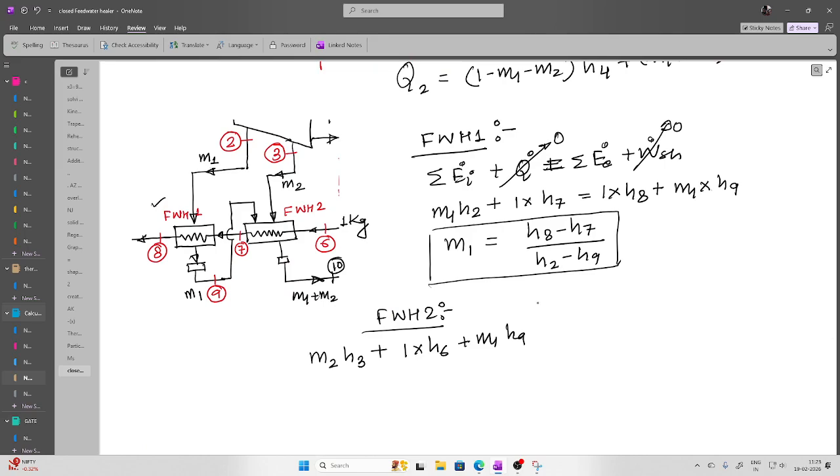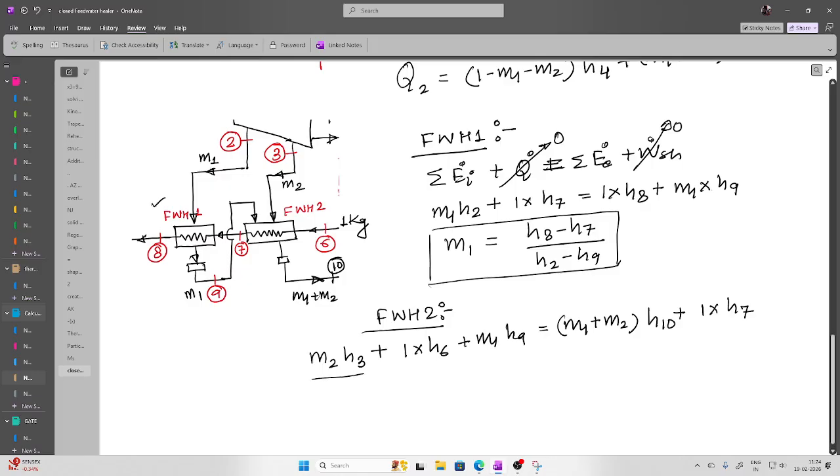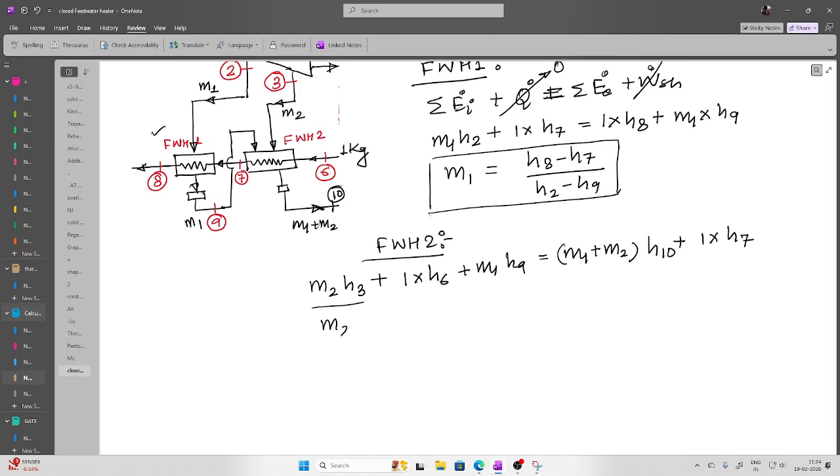So what we can write here is M1 plus M2 at state number 10, that is H10, plus 1 into H7. What is required? M2 is required. So I can write this as M2 (H3 minus H10), and the remaining we keep there itself: M1, H10 will go there, so it is H9 plus H7 minus H6.